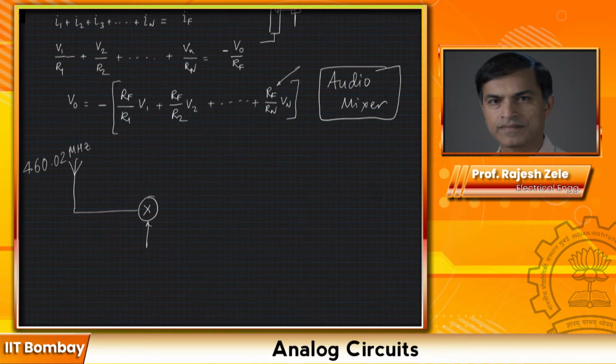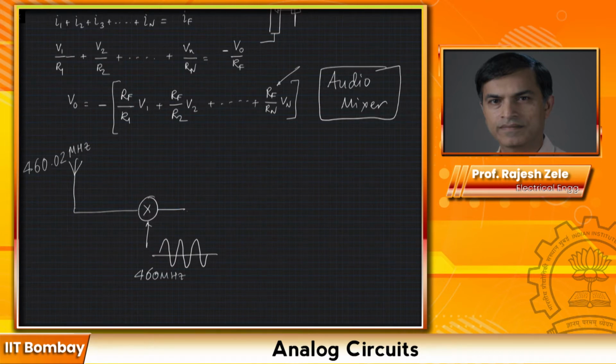I can mix it with another signal which is a sinusoidal signal. It doesn't look pretty, but let me rewrite it again. Something like this, and here I would mix it with, let's say, 460 megahertz. When you mix two sine waves, you get an addition term and a subtraction term. Our goal is to mix these two frequencies and then look at the low frequency term.